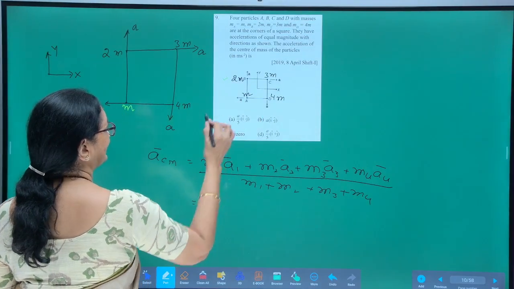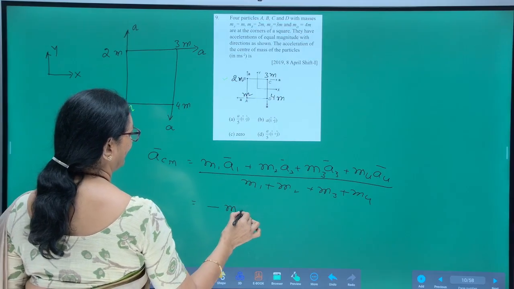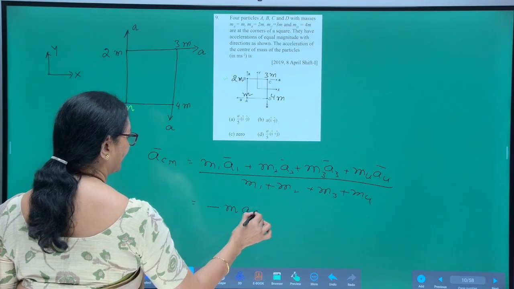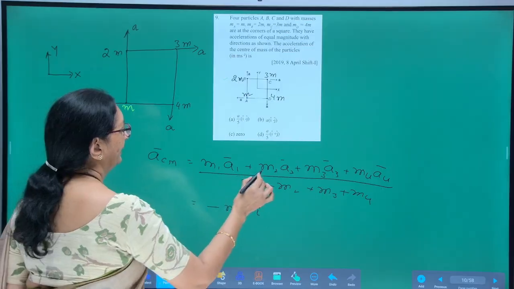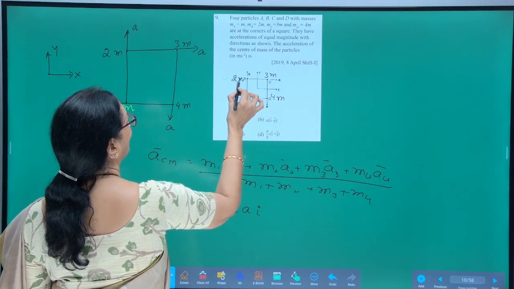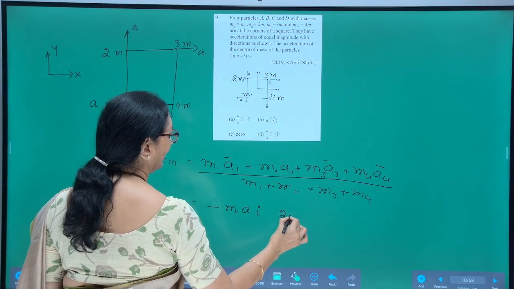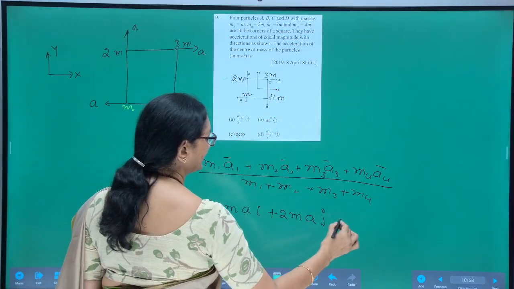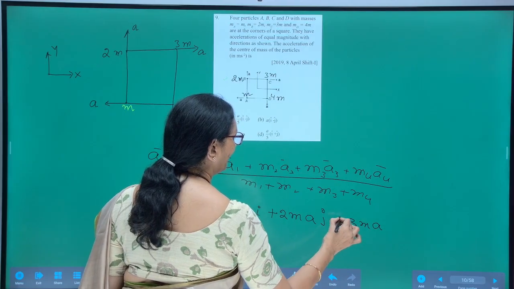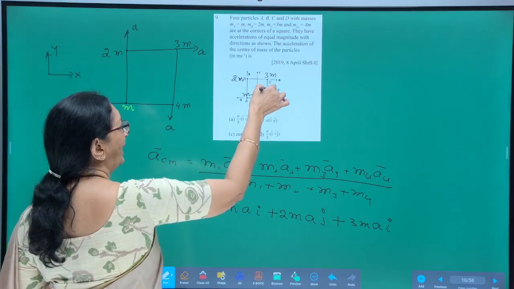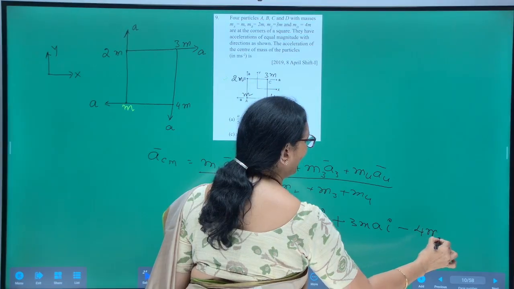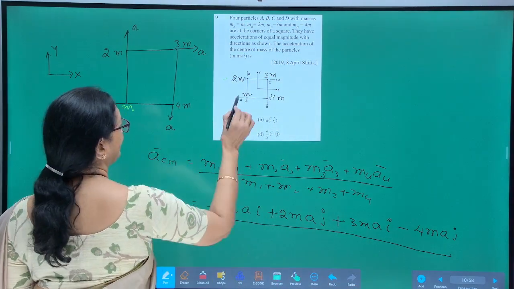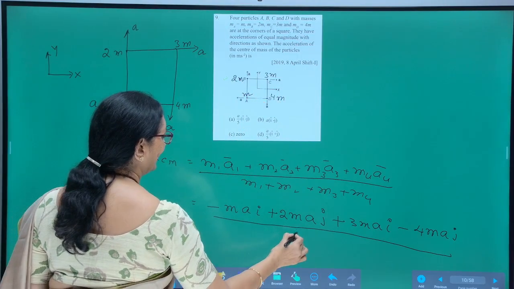This is along negative x-axis, so minus m a i bar, because it is minus i bar. m2 is 2m along positive y-axis, 2ma plus j bar. 3m along positive x-axis, 3ma i bar. 4m along negative y-axis, minus 4ma j bar, divided by sum of the masses, m plus 2m, 3 plus 3, 6 plus 4, 10m.